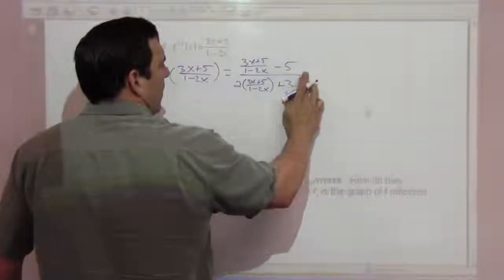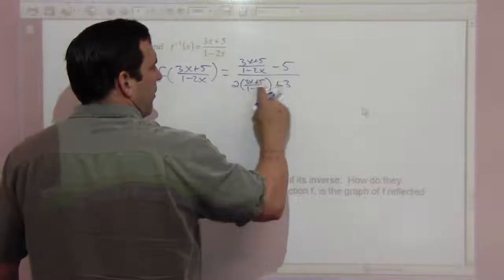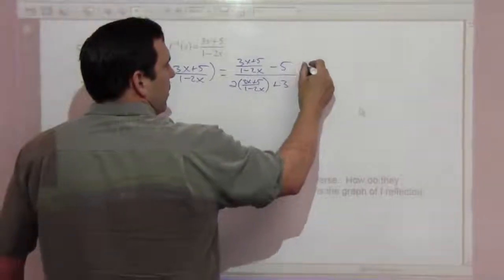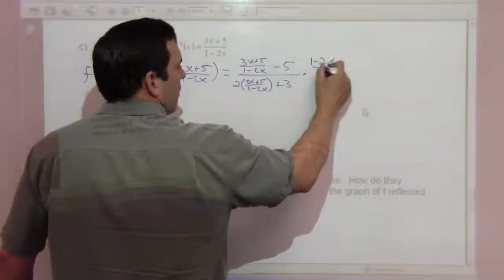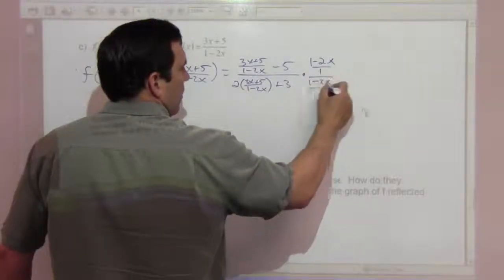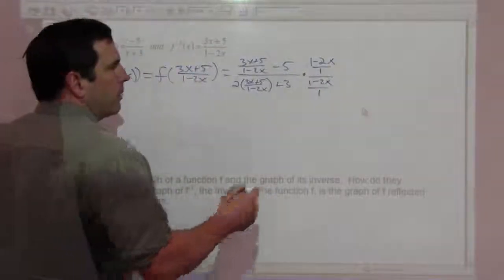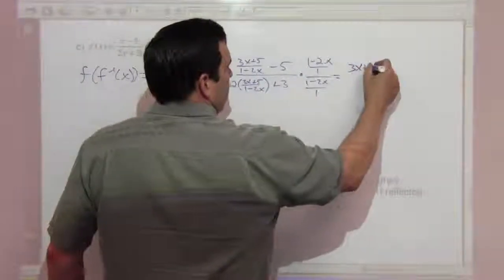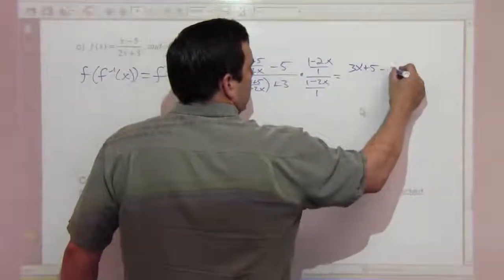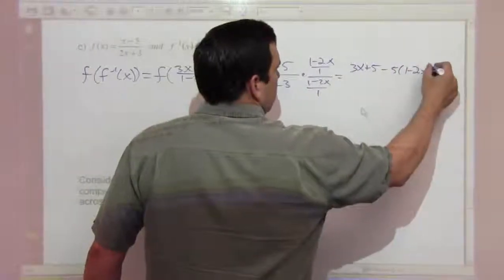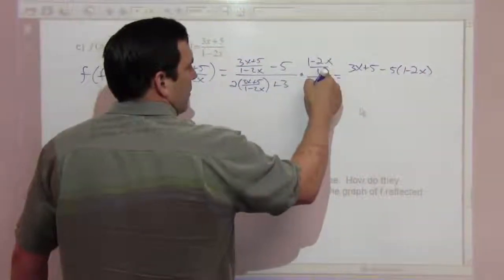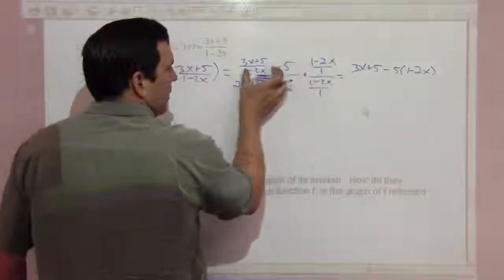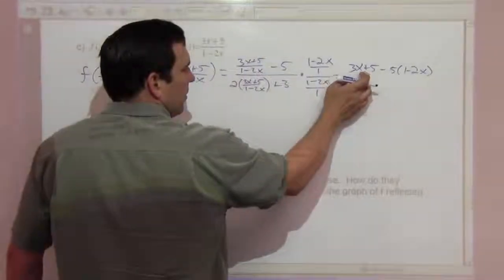Okay, I'm going to go ahead and multiply everything by the 1 minus 2x to clear out that denominator. So that's just going to give us 3x plus 5 minus 5 times 1 minus 2x. The 1 minus 2x here just cancels, gives us 3x plus 5.